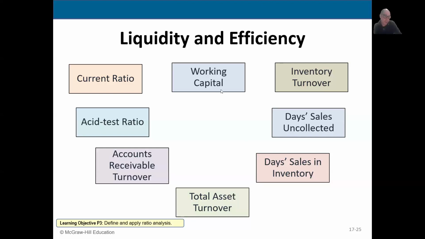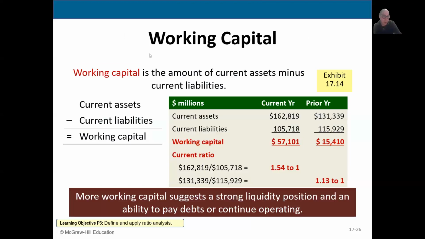We'll start with working capital. Working capital is very simple. It's the current assets on the balance sheet minus current liabilities on the balance sheet equals working capital. Very easy ratio. So what does it tell us? Why is working capital important?